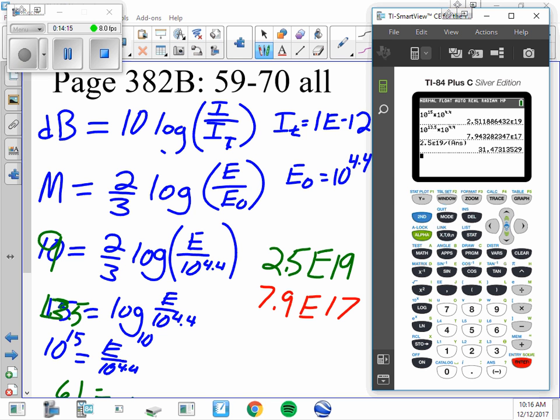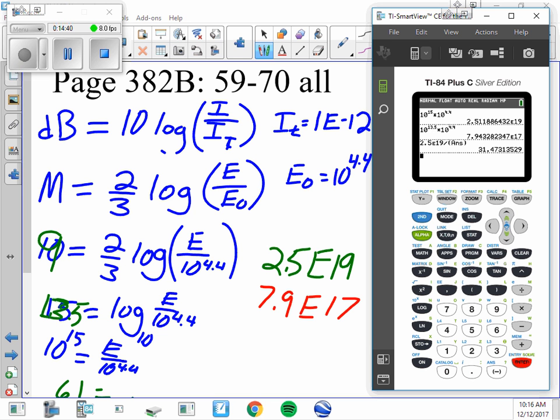So 10 times 3 over 2 is 30, divided by 2 is 15. If I put a 9 there, 9 times 3 is 27, divided by 2 is 13.5. 10 to the 13 over 2 is E times 10 to the 4.4.